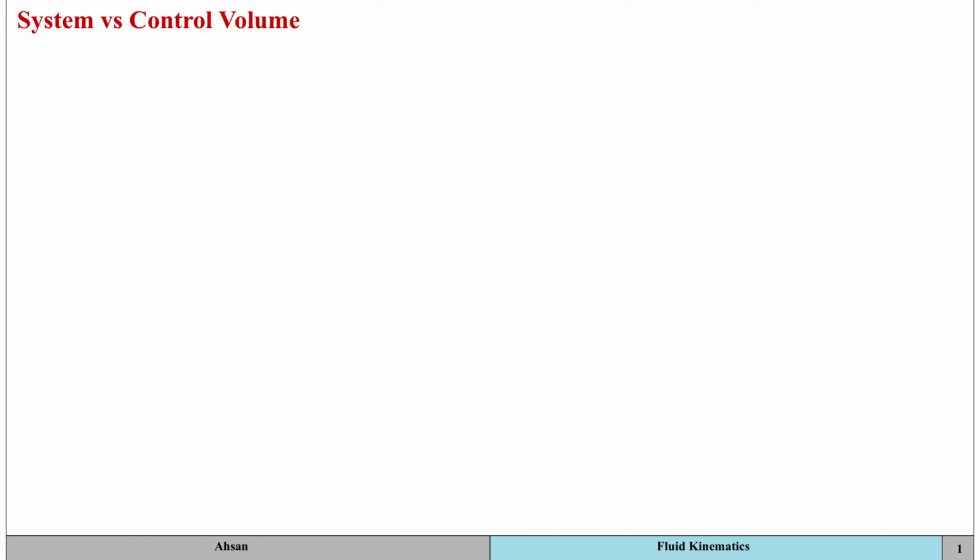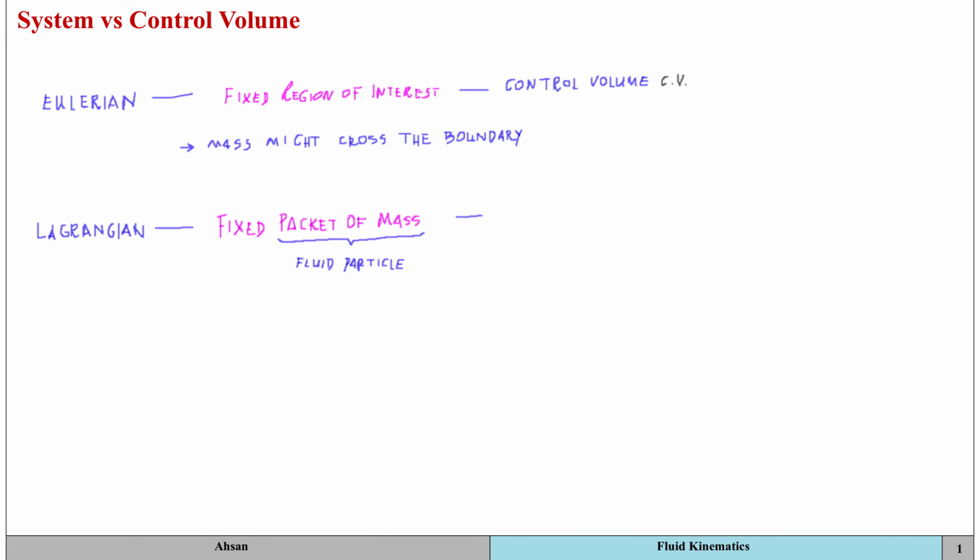and that is something we've talked about before as well in terms of the Eulerian and the Lagrangian concept, where the Lagrangian approach tells us that we are following a fixed packet of mass, whether it's a fluid particle or a relatively larger amount of mass, but it would be classified as a system because this system is changing maybe in shape, changing maybe in size, but we are always going to follow the same fixed packet of mass, which is the system approach.